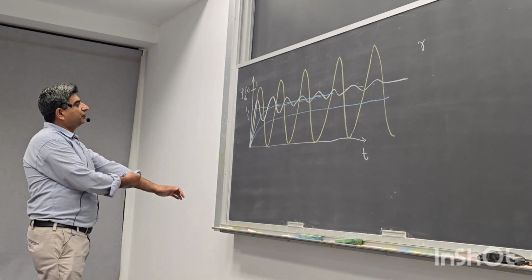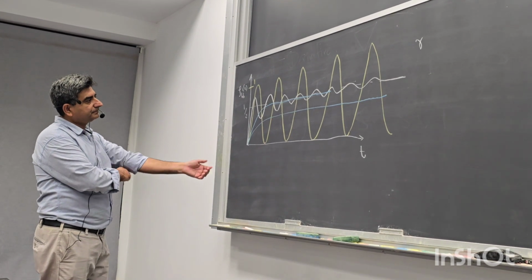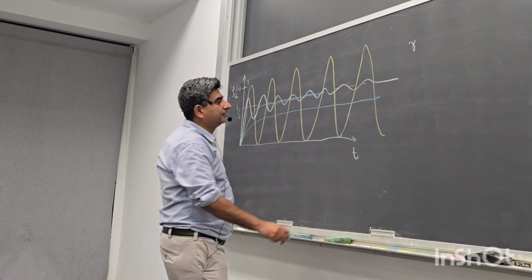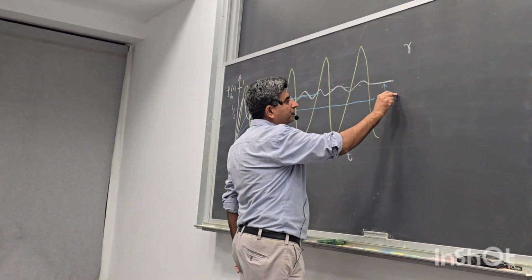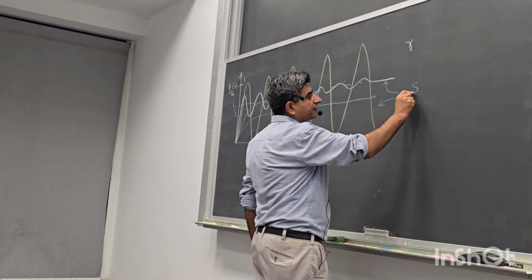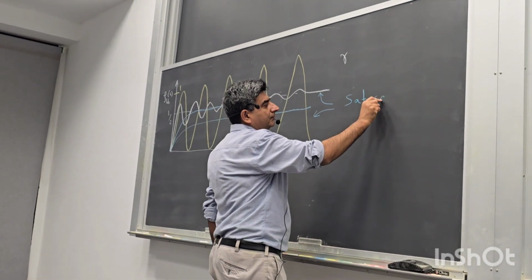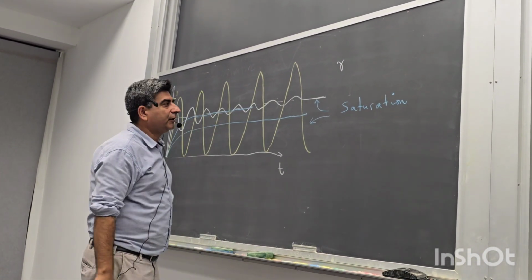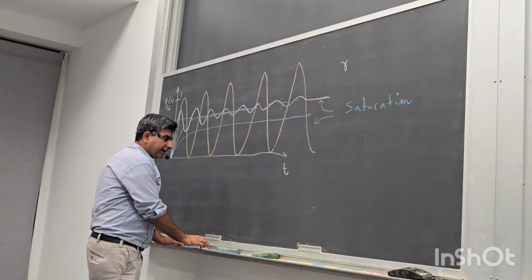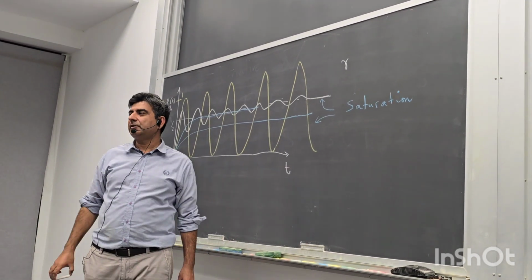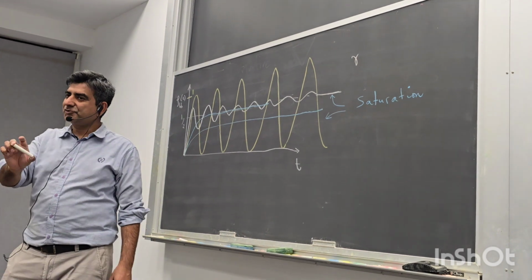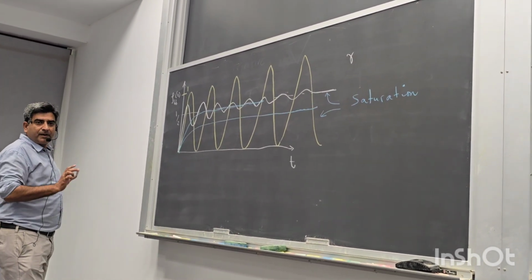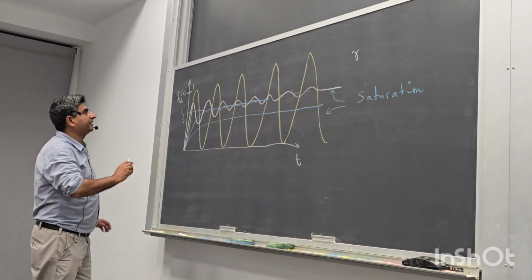Now we do know that this kind of approach to a steady state value, let's call this saturation. Now let's look at saturation in a bit more detail, because saturation is also related to absorption and it's also related to experiments. So let's look at this phenomenon of saturation in some greater detail.